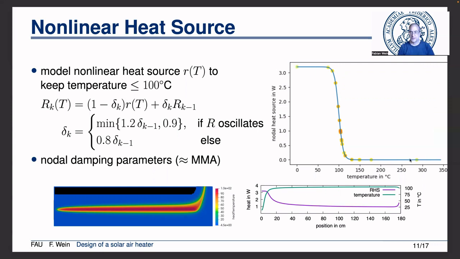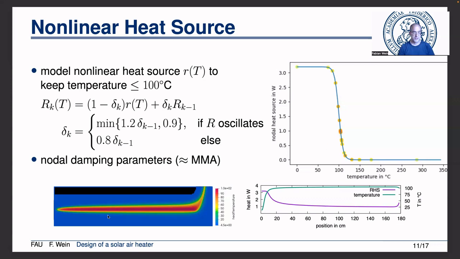For very high temperatures, it has no heat source anymore. And with an iterative scheme where we have individual nodal damping parameters, each with their own history, similar to the moving asymptotes in the MMA method, this simple fixed point iteration scheme quickly iterates to the desired temperature.